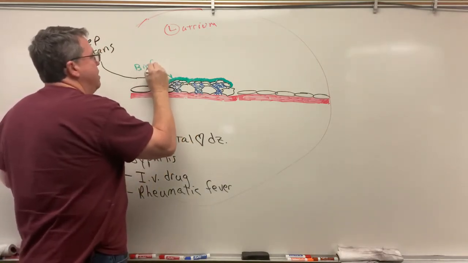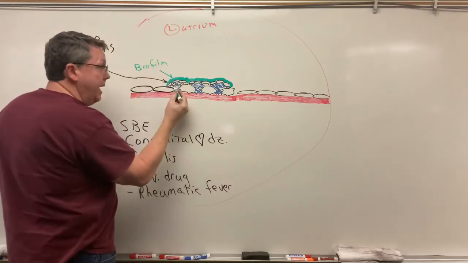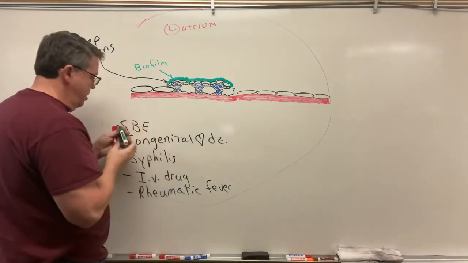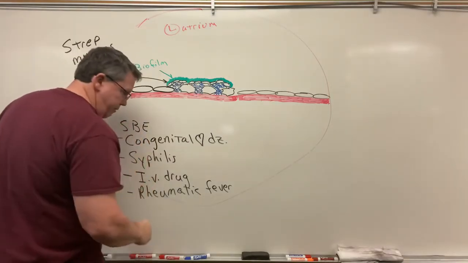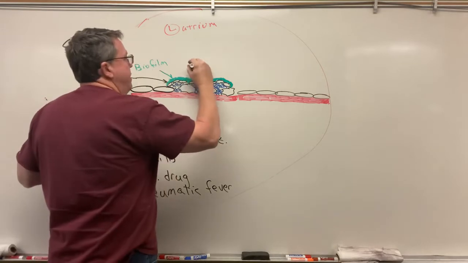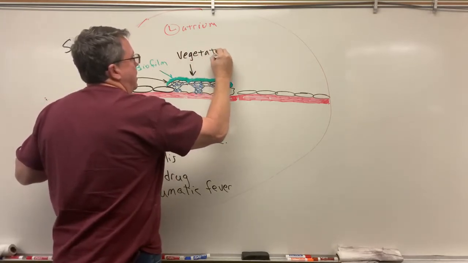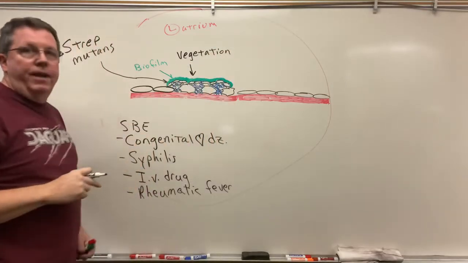Now, when I get the biofilm, and I got my platelets and my fibrin, and I have my bacteria, this is called vegetation. So this is my vegetation. All right, that's vegetation right there.